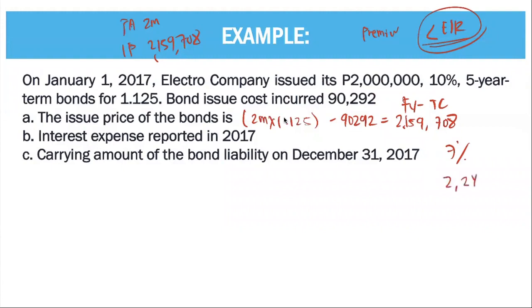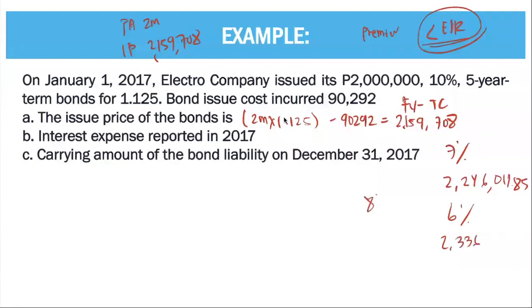It is 2,246,011.85. Let's try a lower rate, 6%. 2,336.